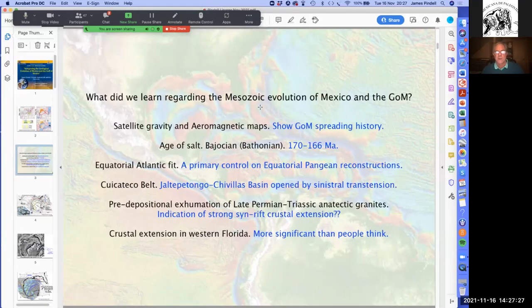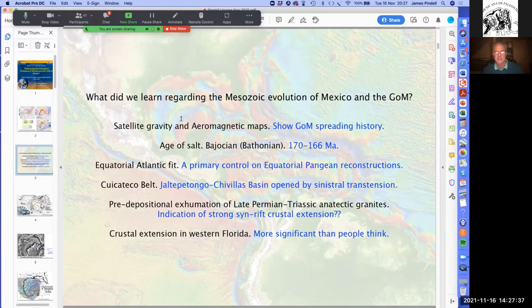Okay, so what have we learned in the last 11 years? We have learned that we can constrain the spreading history in a lot more detail with gravity and aeromagnetic maps. We now know the age of the thick salt deposits in the Gulf of Mexico, both in Campeche and also up in the United States, and also in the Burgos Basin of Mexico.